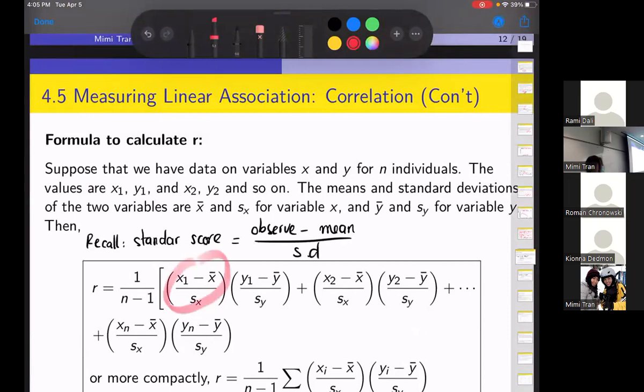Just like that. You take observation number one, your first x data point, your first y data point, minus the mean of x, minus the mean of y, divided by standard deviation of x and standard deviation of y.